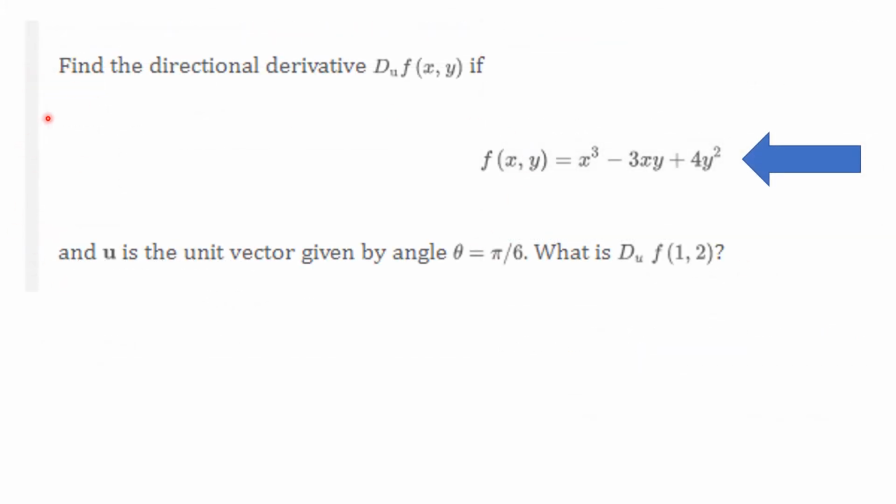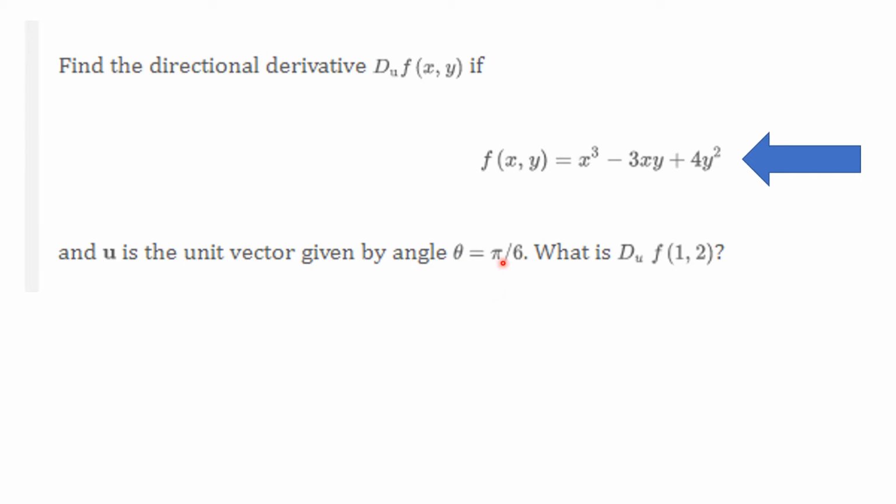So here's a problem for you to undertake, and I encourage you to do it. Find the directional derivative, the derivative in the direction of u, of f(x, y) if this is our function, f(x, y) equals x cubed minus 3xy plus 4y squared, and u is the unit vector given by the angle theta equals pi over 6.